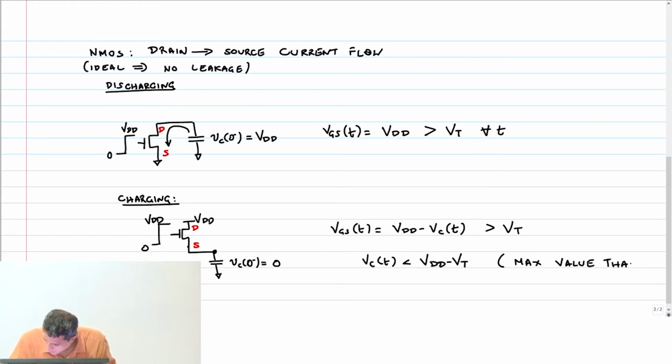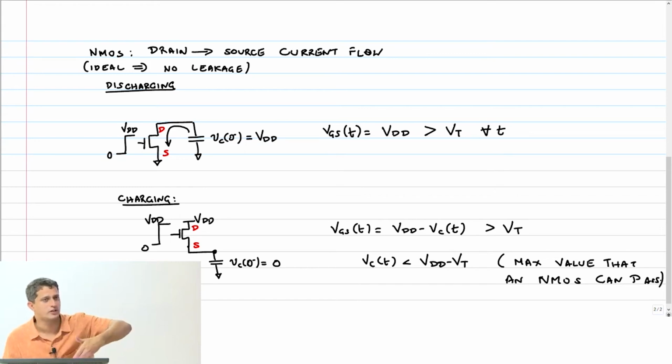So this is the maximum value that an NMOS can pass. So this guy is a switch that is trying to pass a high voltage. Unfortunately, it can pass only VDD minus VT, right? Of course, if it is discharging, then it can discharge all the way to ground.